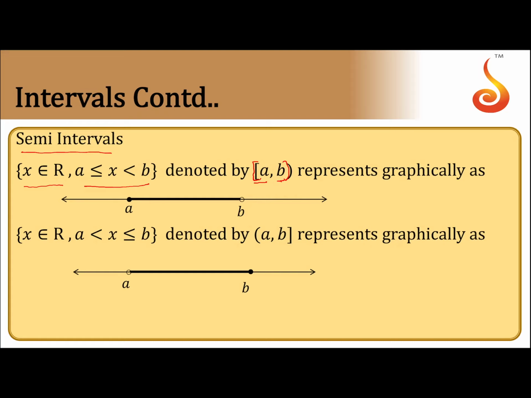Also the set of all points lying between a, b, a excluded b included, is represented as (a, b]. We can also call them semi intervals, or open a close b, close a open b intervals, and they are represented graphically like this one.